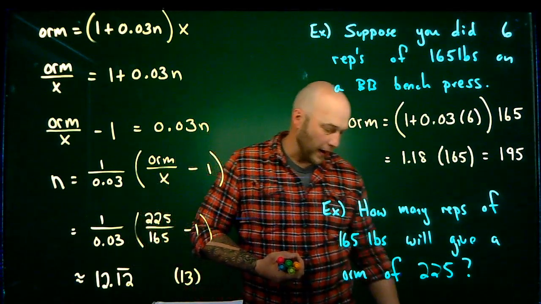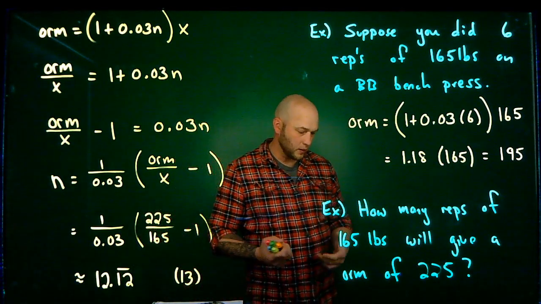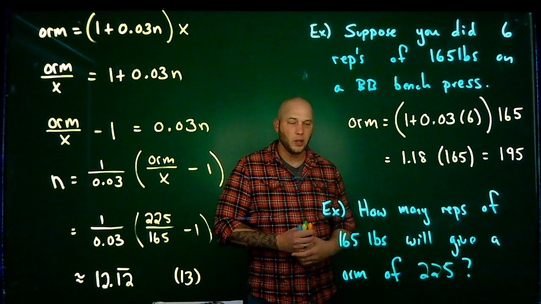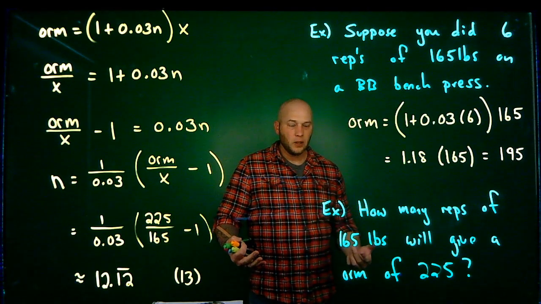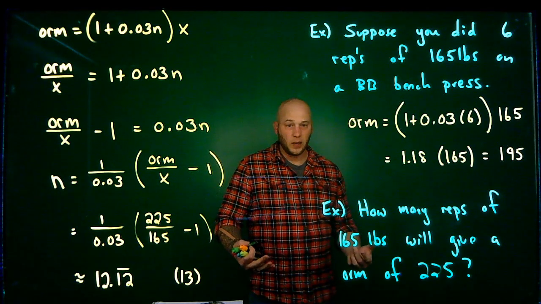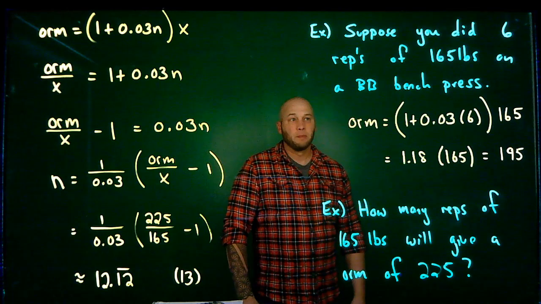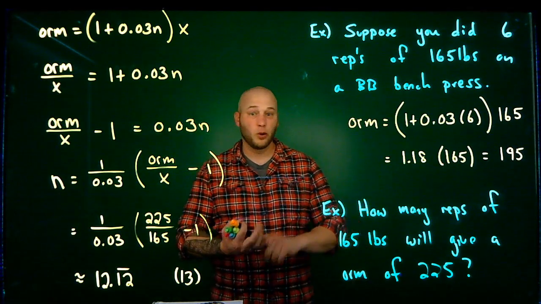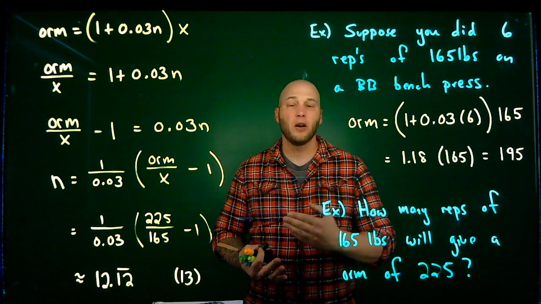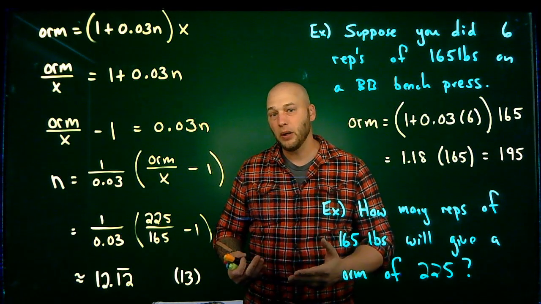Now, another practical application of this would be, well, what if you're in the weight room? So let me set this up, and then I'll clear my whiteboard here. Suppose you're in the weight room, and again, you're a beginning lifter, and let's say you're working out with 165 pounds, okay? And let's say I'm able to hit it for 8 times. I have no spotter, right? So I'm doing barbell bench press, 165 pounds. I put up 8 reps, and I'd like to put more weight on the bar.